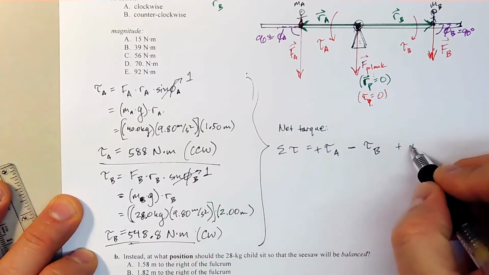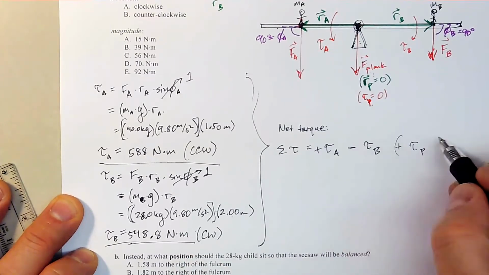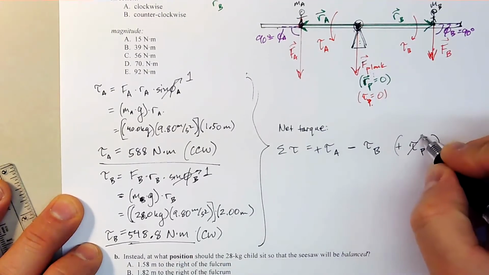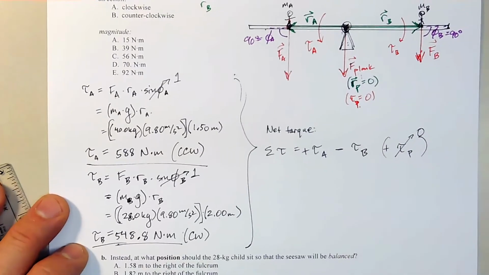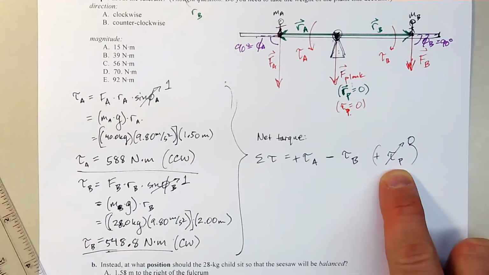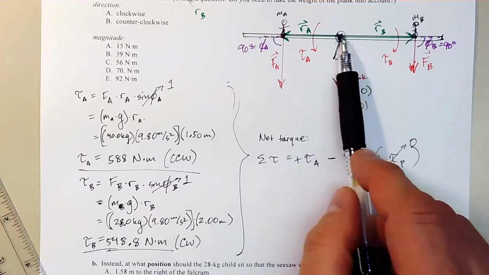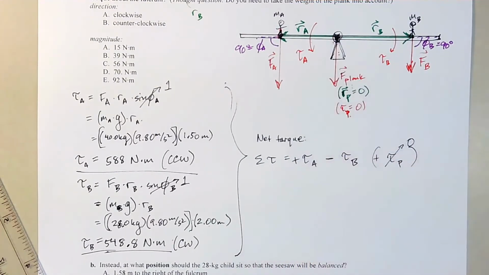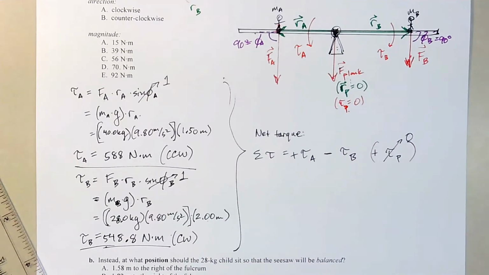And if we had a third torque from the plank, we would need to worry about whether it's clockwise or counterclockwise as well. But in this case, we know already that it's 0. It's good to just keep remembering that it is possible for the plank itself to have a torque if it is not centered on the fulcrum, right? If its center of mass is not directly above or below the fulcrum.